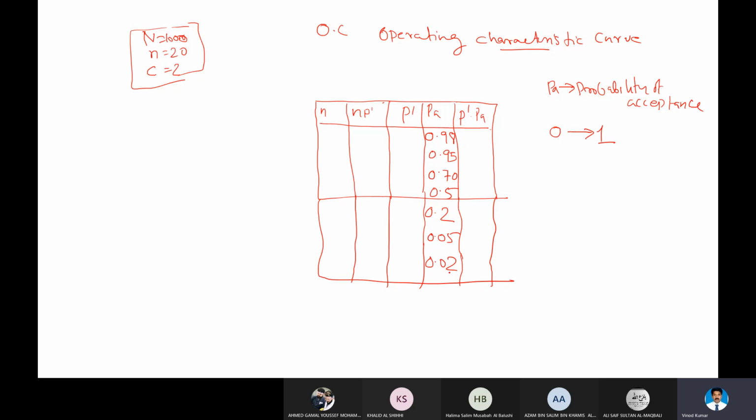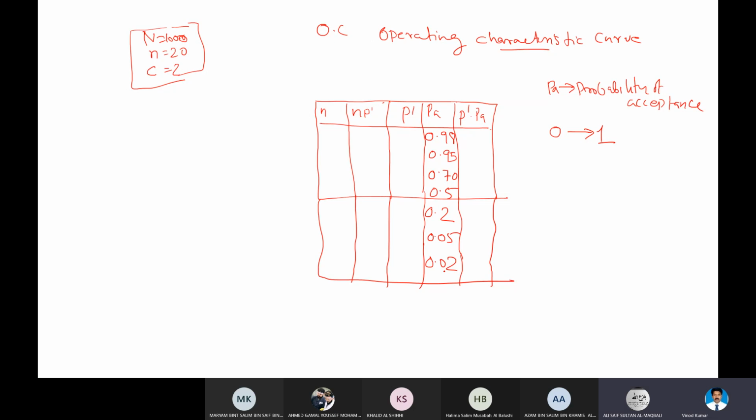So 0.02 means 2%, 0.98 means 98%, 95%, 70%, 50%, 20%, 5%, 2%. Arbitrarily we assumed some values. Clear? Up to this is clear?